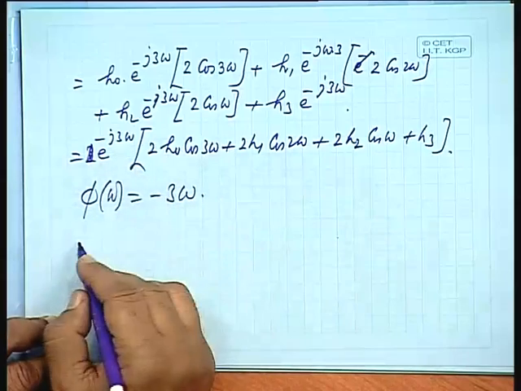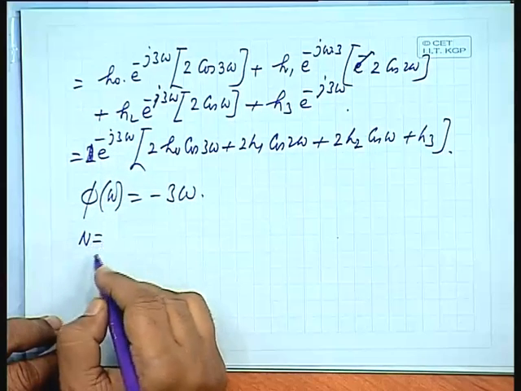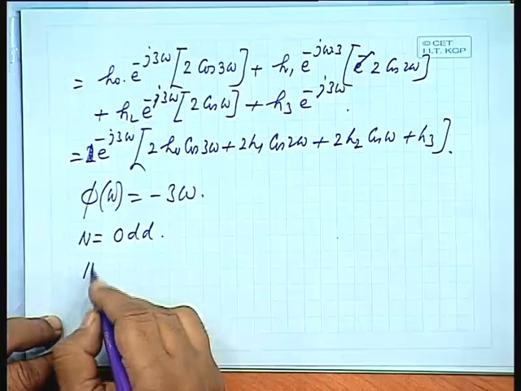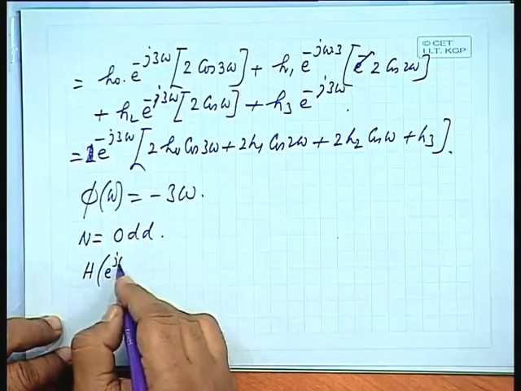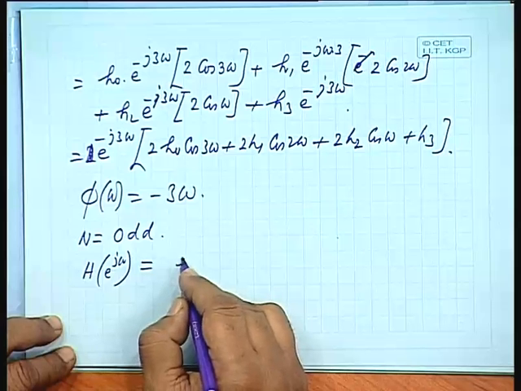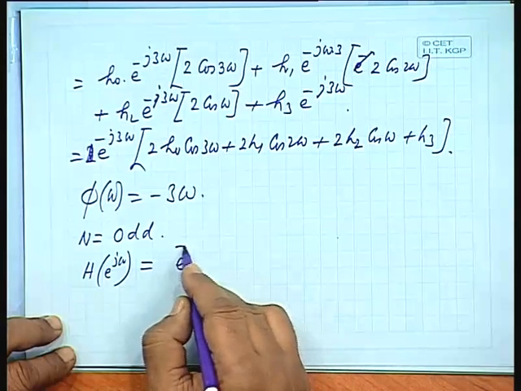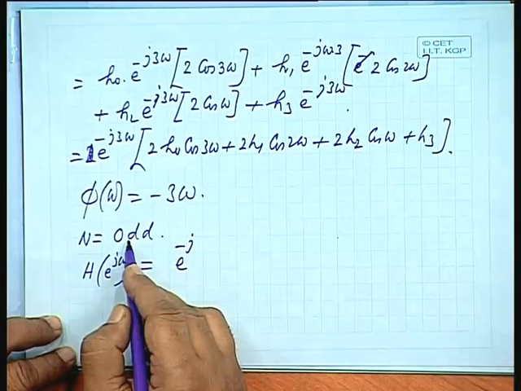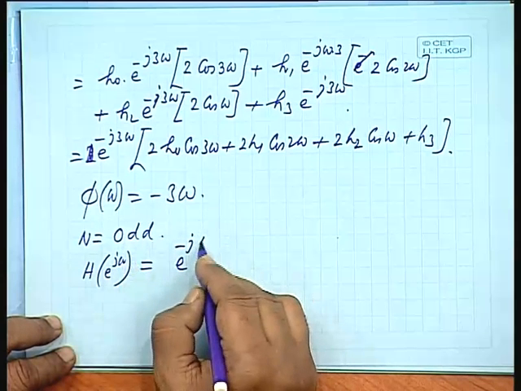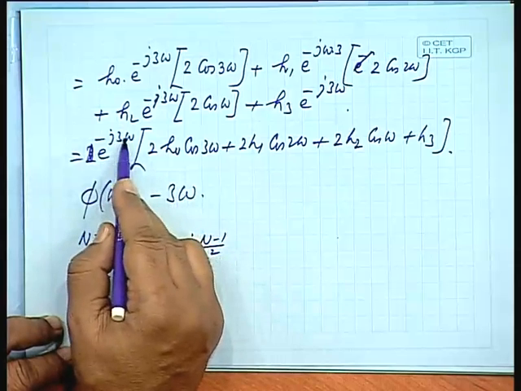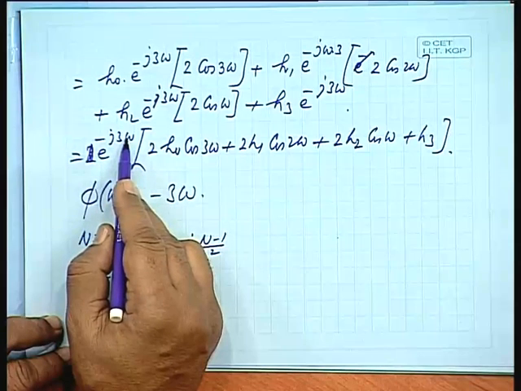Can we generalize this? If n is odd, therefore, H e to the power j omega summation will be e to the power minus j n minus 1 by 2 into omega. We had 7 points, so n minus 1 by 2 was half of 6.